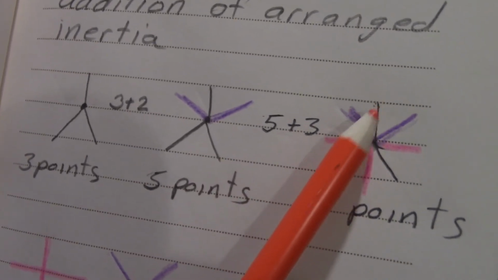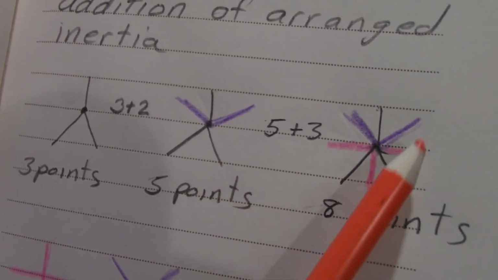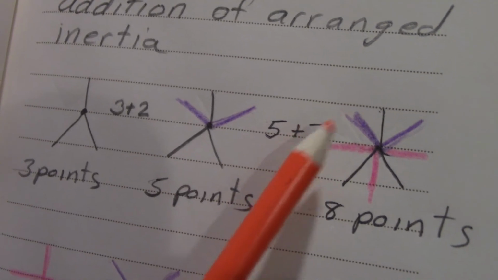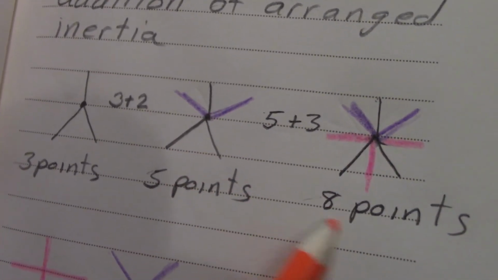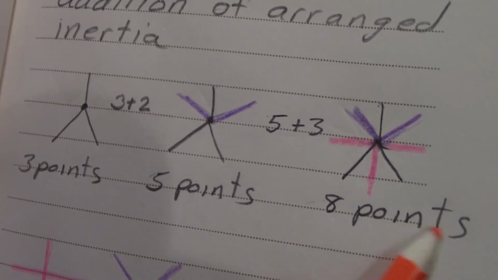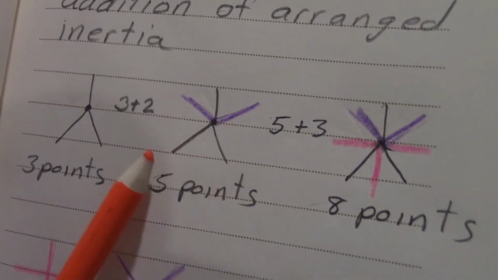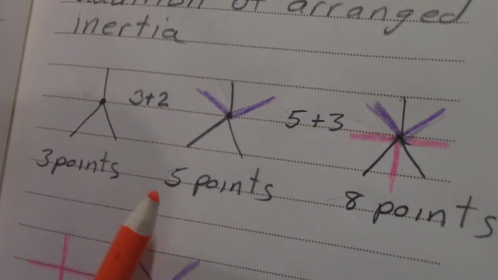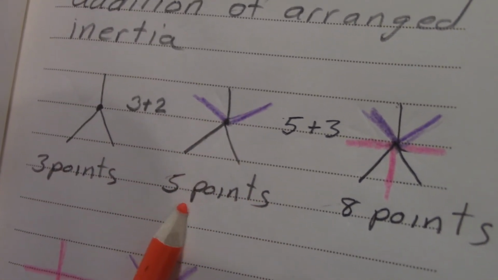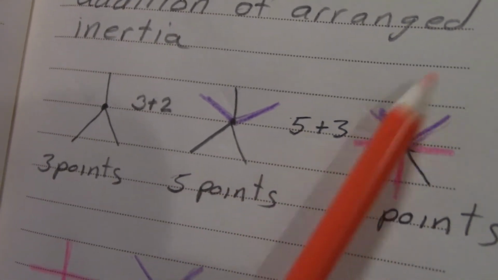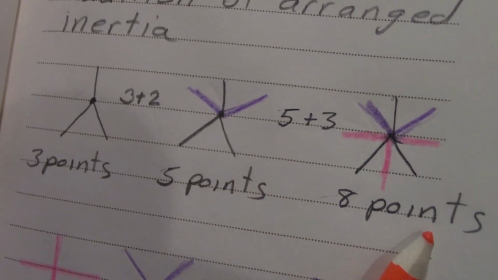It's going to do 1, 2, 3, 4, 5, 6, 7, 8. So that's going to turn into an 8-point star. So like I said, 5-point stars can turn either into, it's going to add that extra tail, it could either become a 6-point star, or it can follow the sequence and it can be an 8-point star.